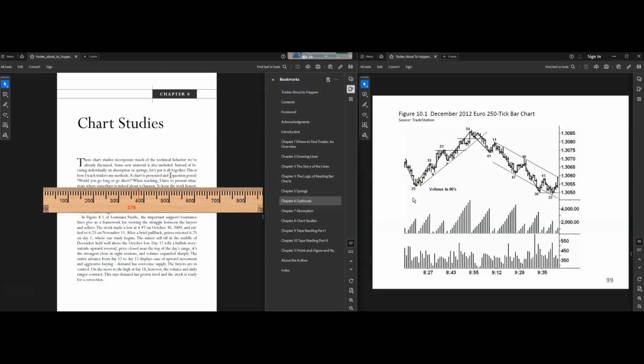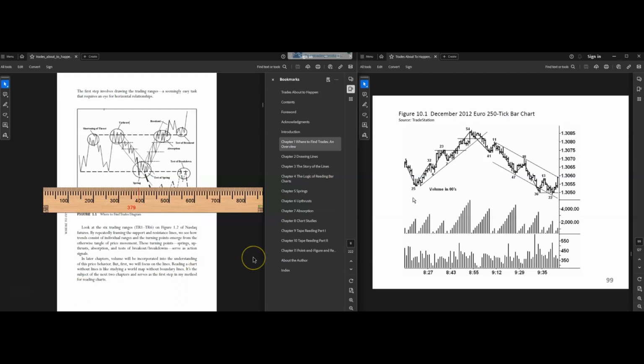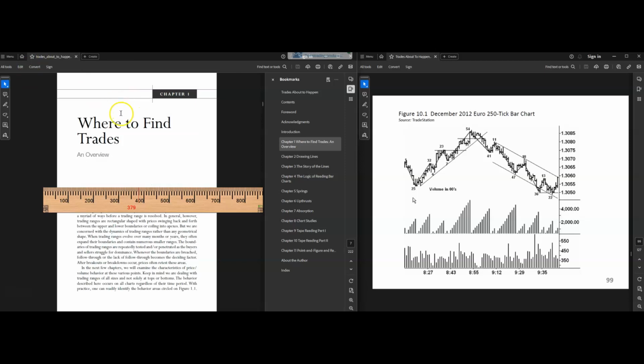I think that's enough, because just to make it practical again, let's review some key ideas here. This is going back to where to find trades.